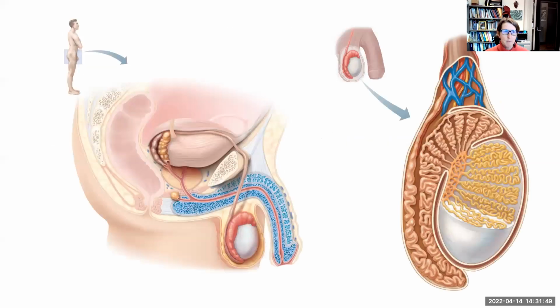So in the male reproductive system, recognize that sperm are being made in the testes. That's where spermatogenesis occurs. They're not mature yet. They're still immobile.